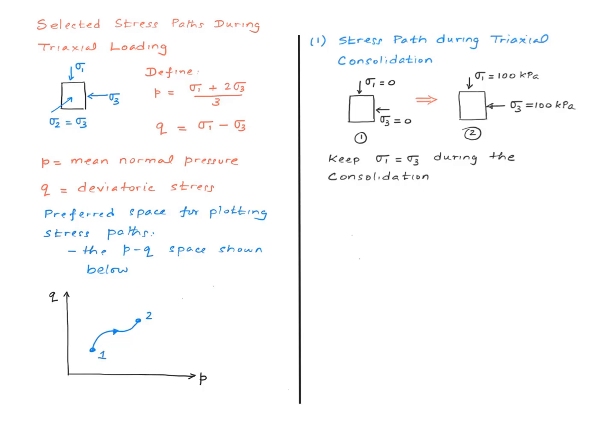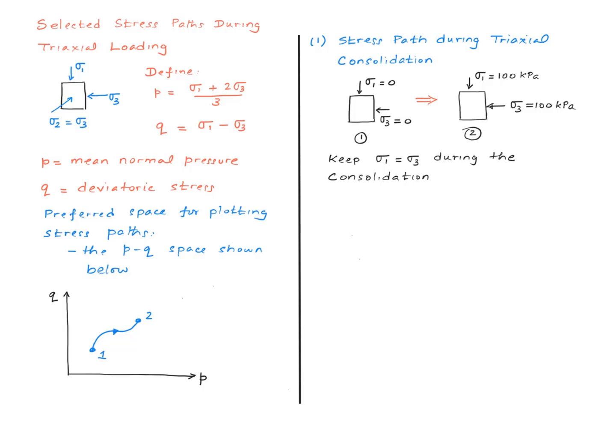First, let's consider consolidation loading. Remember we said earlier a standard triaxial loading consists of two phases, consolidation phase and the shearing phase, right? So I'm talking about the consolidation phase here. So how do we do consolidation? Well, we increase the cell pressure, right?